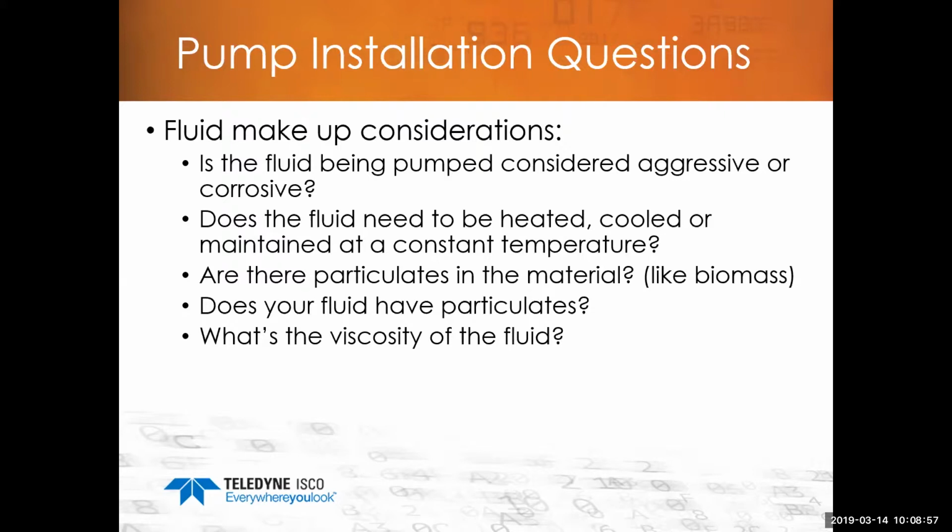So if you do have particulates in your material, you want to look at what you have to do to make sure it continues to flow through the pump at an optimal rate, going in and out at the flow rate I'm looking for. In some cases you'd use a mixer on the pump itself, or you can heat it up, or you can stir it in a tank before it gets into the pump and then pumps it out. Keep that in mind.